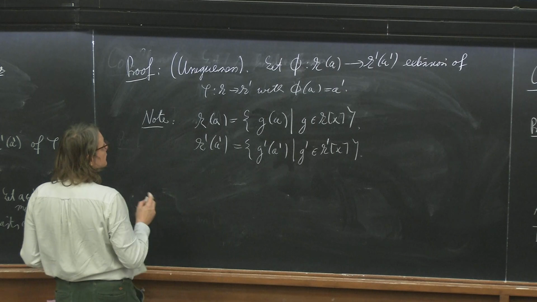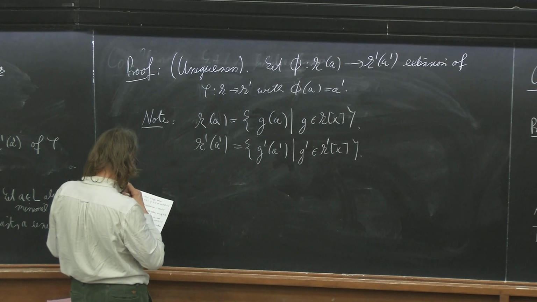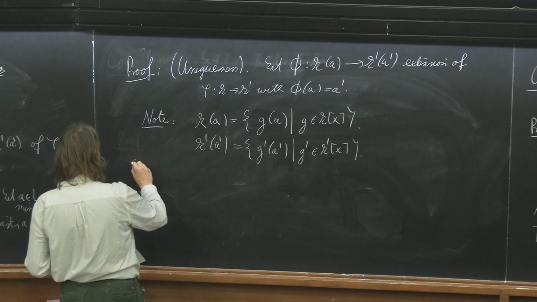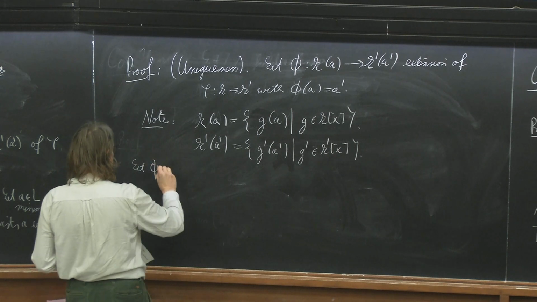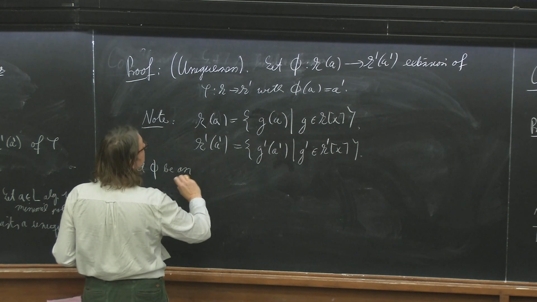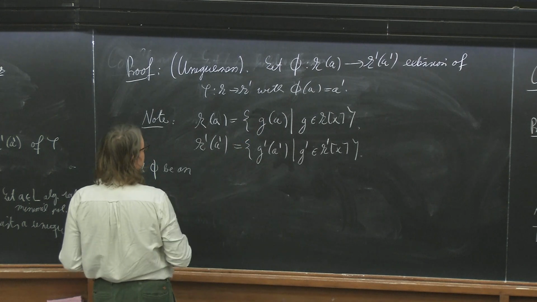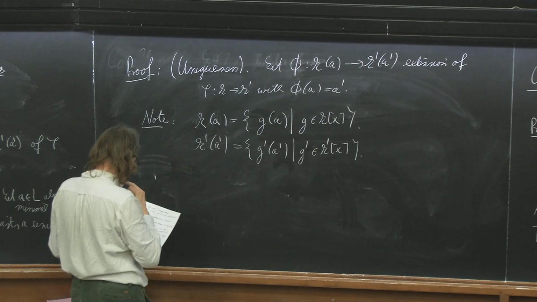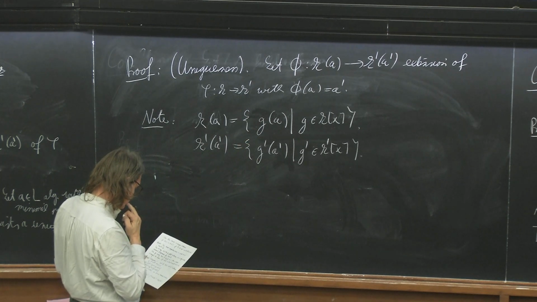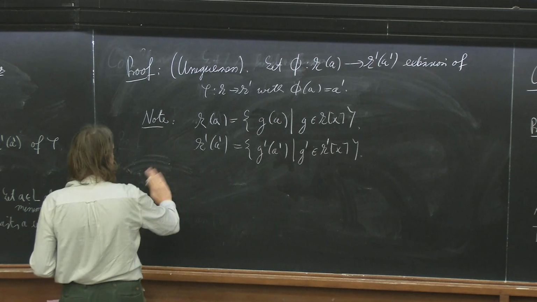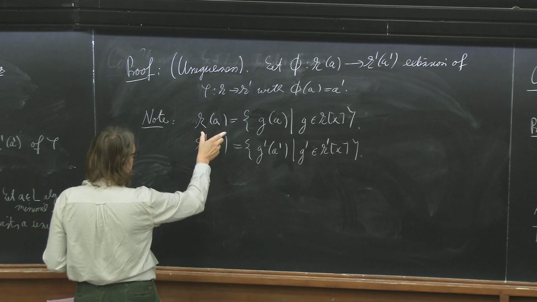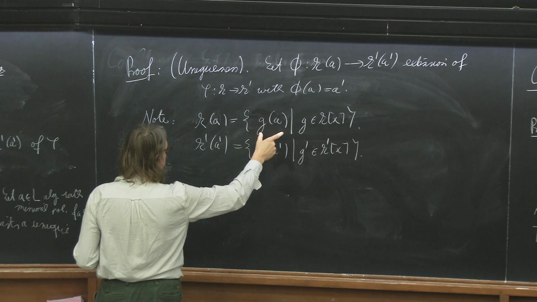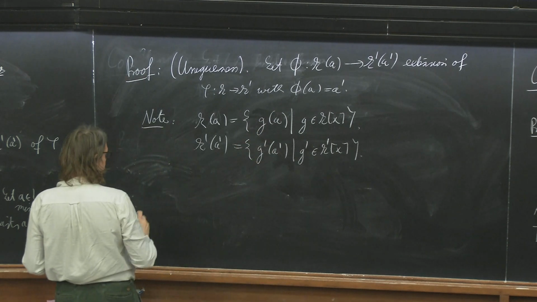So now assume we have given such a phi. So let phi be such an extension as above. Then what can we say? If I take any element in K(a), I can write it as g(a) for some polynomial.